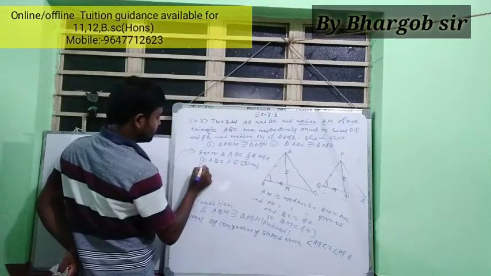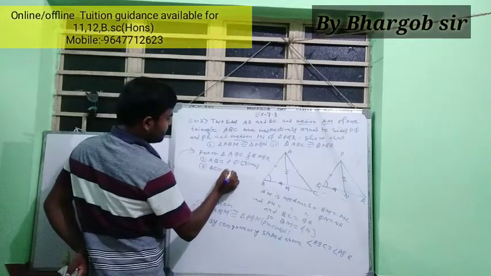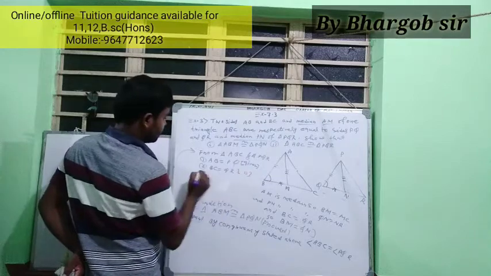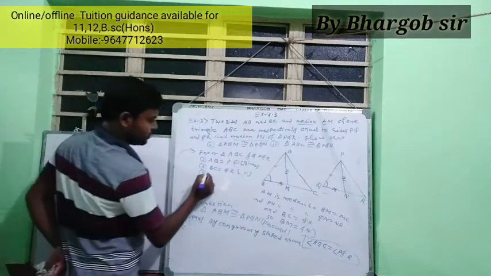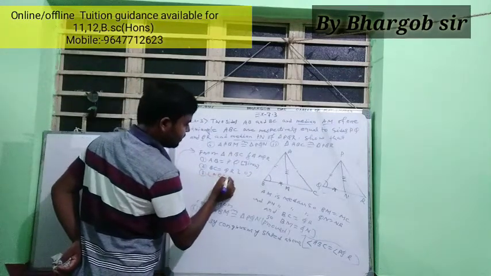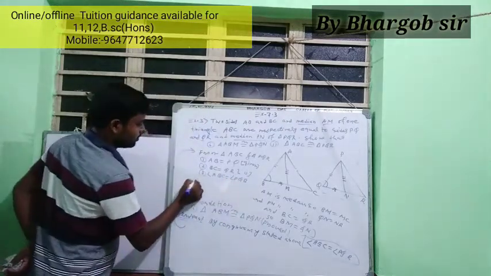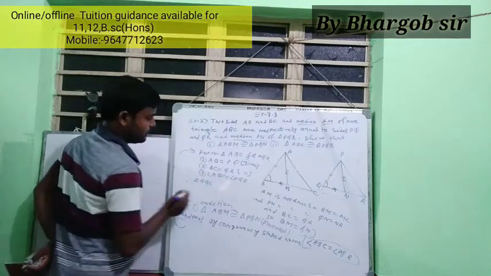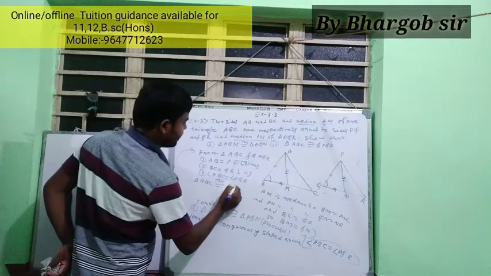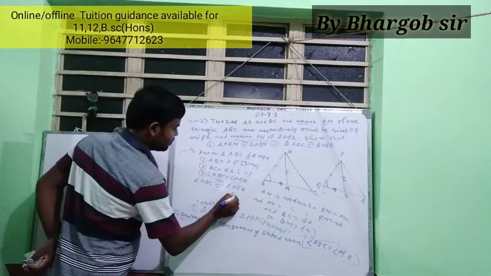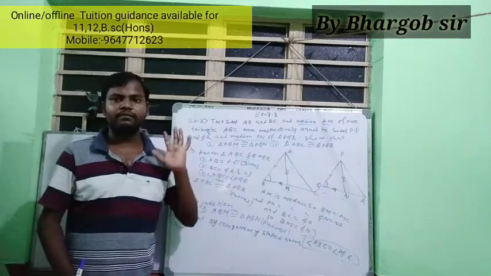Number 2, side BC equal to QR, given. Number 3, from the congruency, I write angle ABC equal to angle PQR. So triangle ABC congruent to triangle PQR proved. That was the solution of problem number 3.